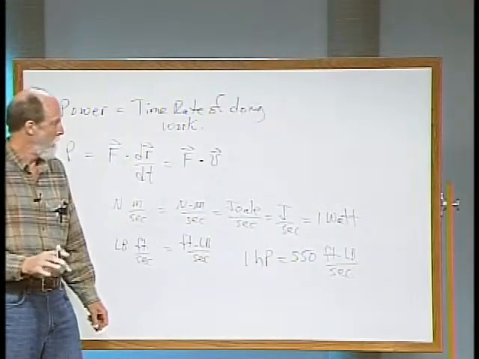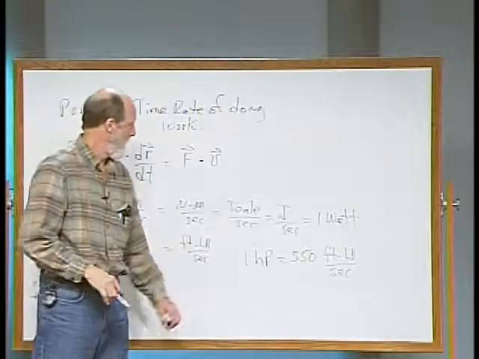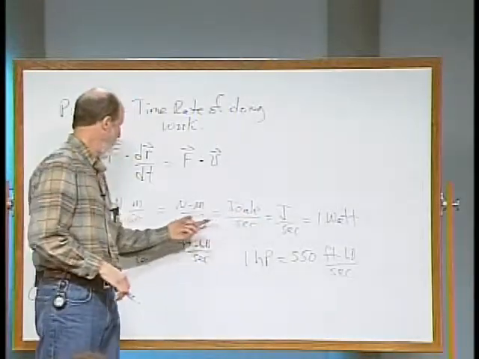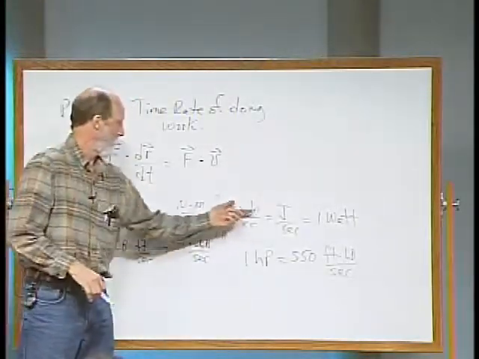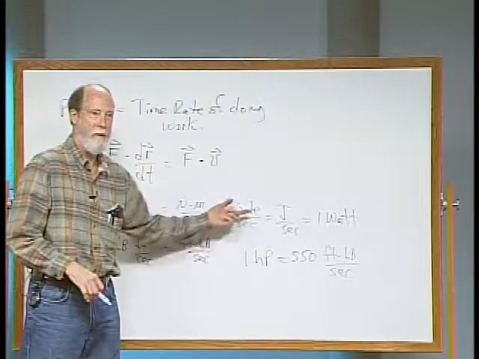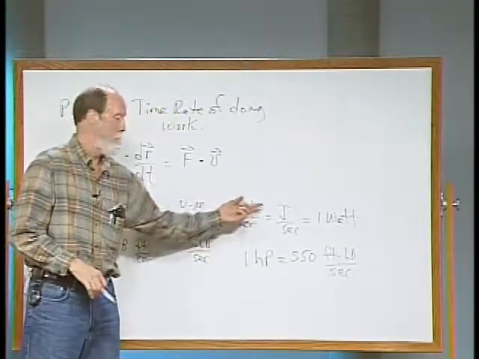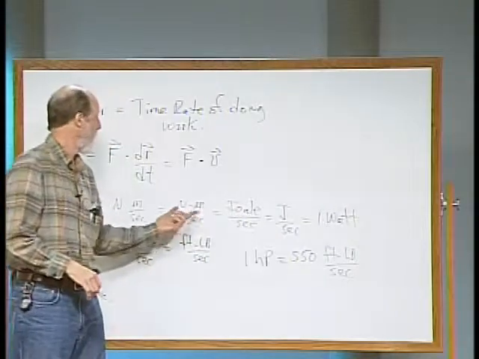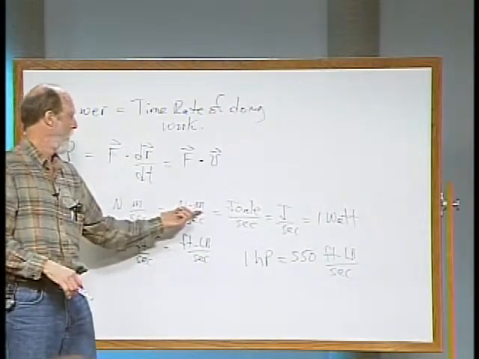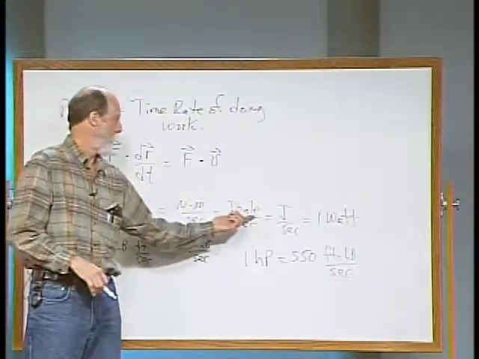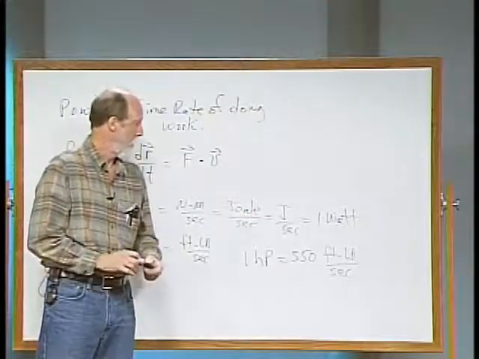Okay, so when you need it, just look it up. And being aware, probably most importantly, of the international system of measurement. Joules being newton meters, which are the units of work, and it's the time rate of doing work, so it's joules per second then.